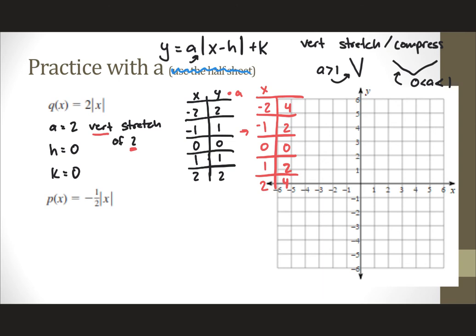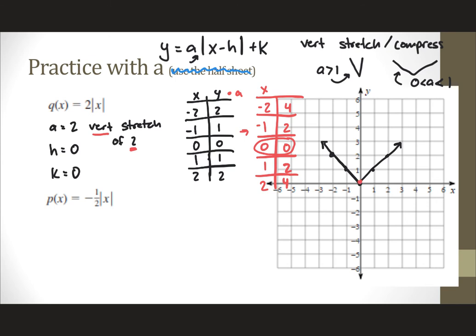When I graph this, I graph my parent function first. There it is. Okay, again, my X coordinates are going to stay the same, but let's see what happens when I plot my new Y's. So my vertex stays the same. Nothing changed with my vertex. It's still at 0, 0.